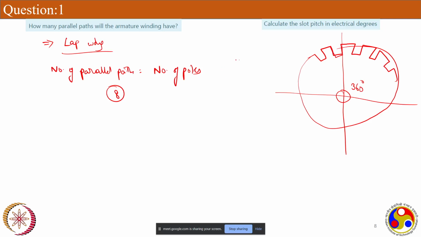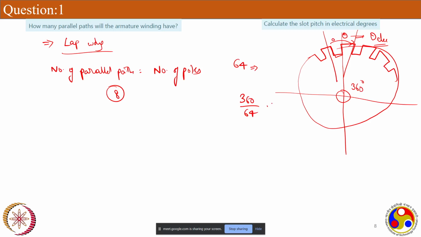We have 64 slots, right? Each slot will cover how many degrees? What is the pitch of each slot? That was asked in theta electrical. Now it's simple. We have 64 slots, so 360 by 64.